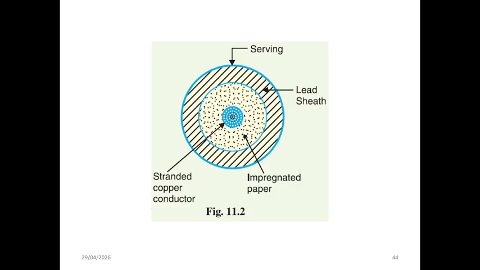So a lead sheath encloses the insulation, providing a protective barrier against mechanical damage and environmental factors. So finally, the outer serving layer adds extra mechanical protection, and overall this layered design ensures reliable electrical performance and long-term durability of the cable.